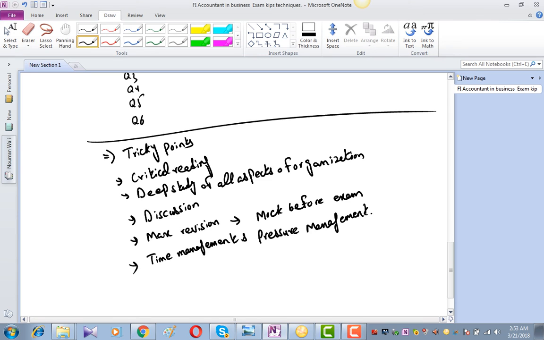Next is understand requirement. In the end, the most important thing is the requirement. Please read the requirement very carefully. If you read the requirement carefully, you will achieve a 50% milestone.